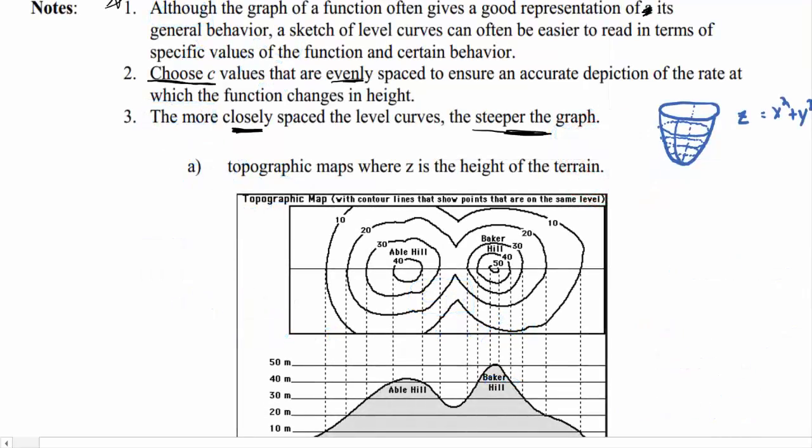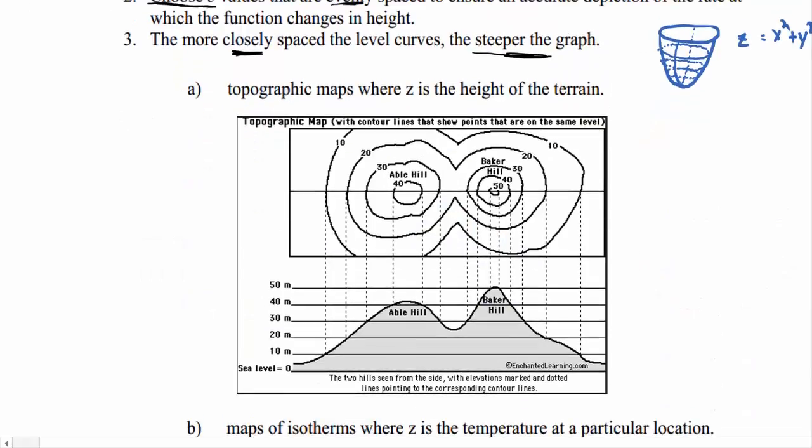What do we use level curves for? Well, topographic maps, right? So this part here is a topographic map. It has contour lines. Contours are the same as level curves. Contour lines show points that are at the same height values, the same c values.